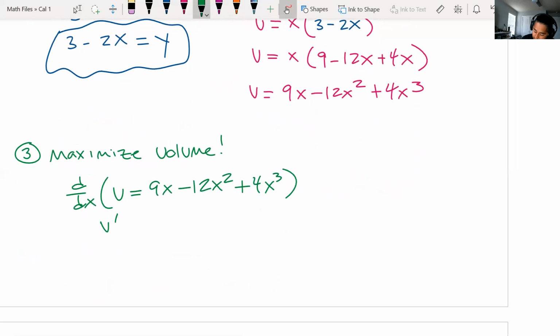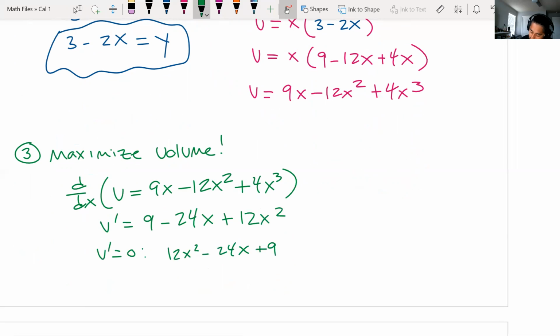And we'll get V prime is equal to 9 minus 24x plus 12x squared. Set it equal to 0. And I'm going to rewrite it with highest power first: 12x squared minus 24x plus 9 equal to 0.